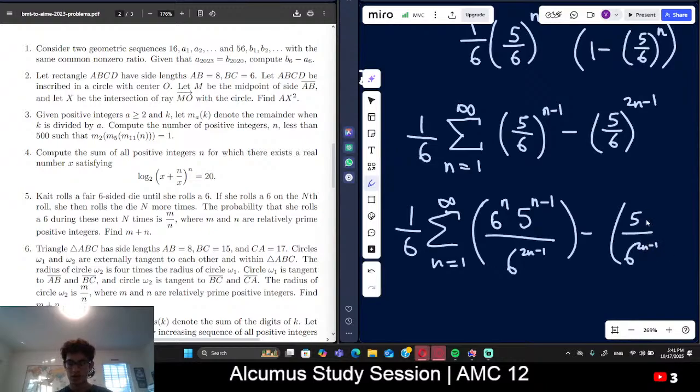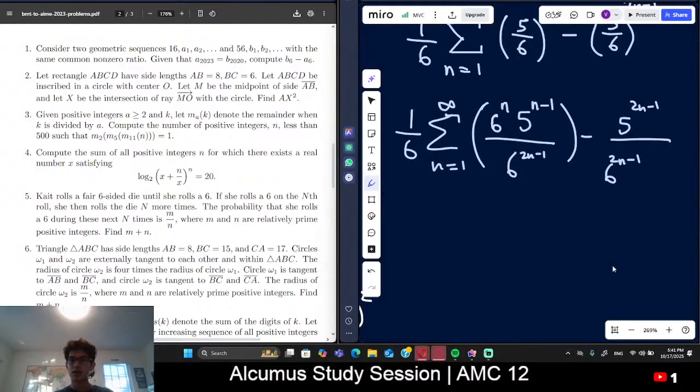What I'm doing now is moving the exponent inside, so it's more useful for us. This is a 2n minus 1.